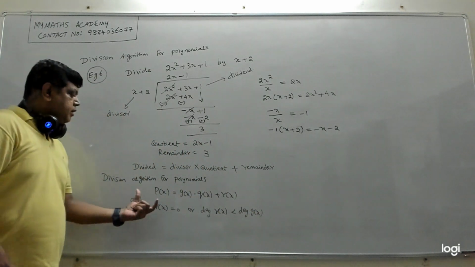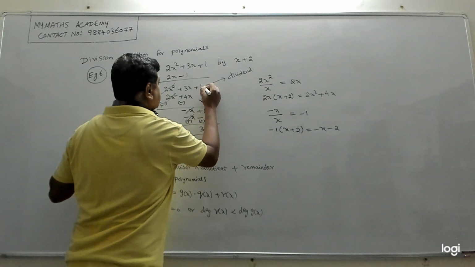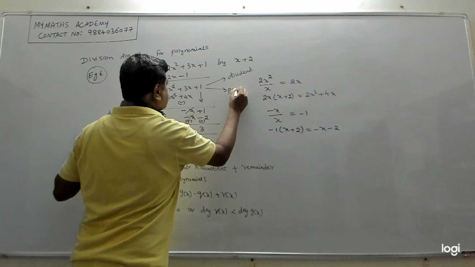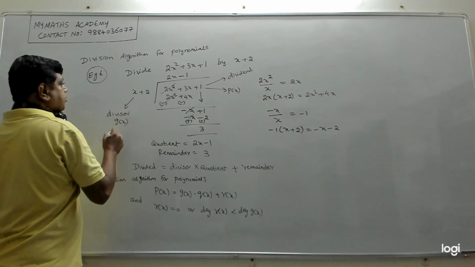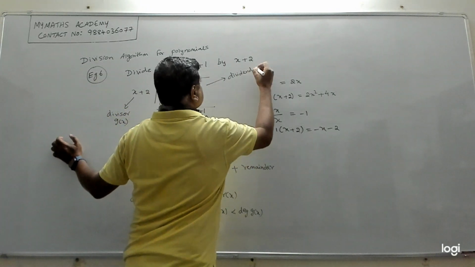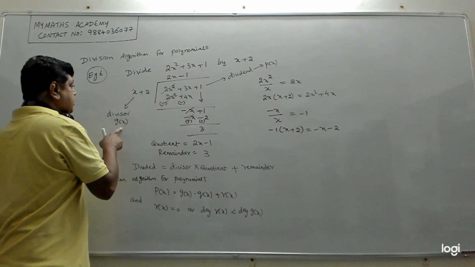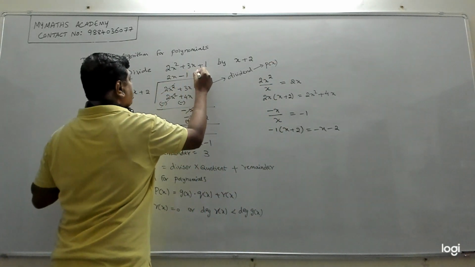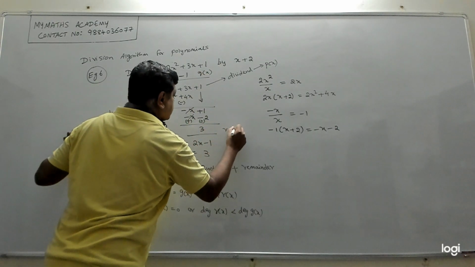Right? So it will satisfy this condition. Obviously this polynomial is your p of x, the dividend. The divisor is called g of x. This is your q of x, the quotient, and this is your r of x.